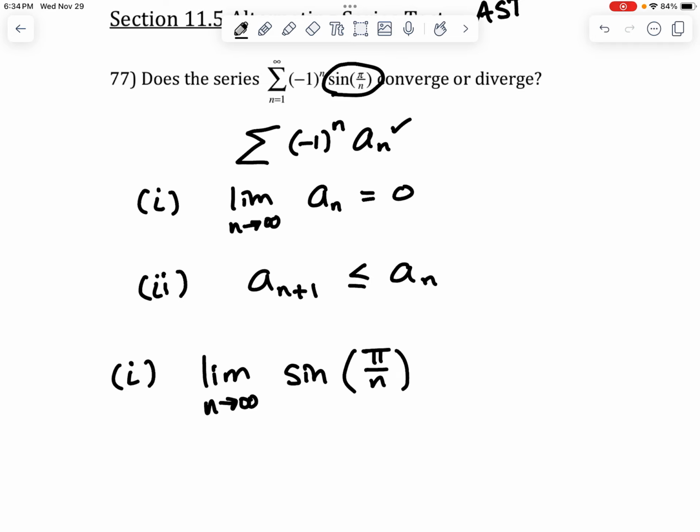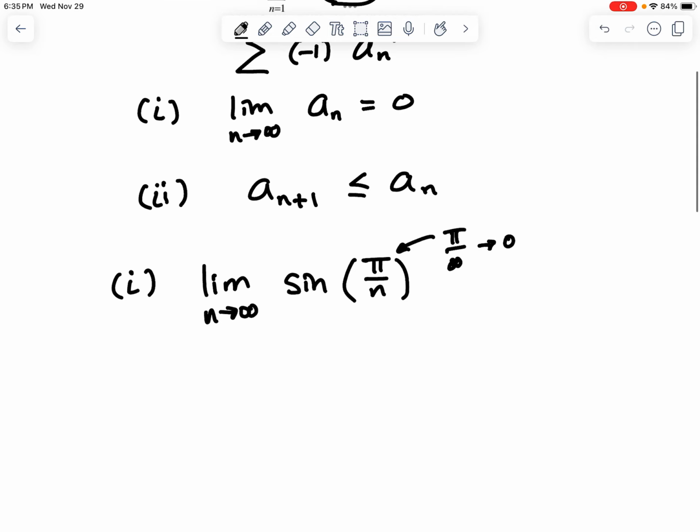If n is going to infinity, that means that in the parentheses we're getting pi divided by infinity, which becomes so small that it goes to 0. Which means that we get sine of 0. And sine of 0 is equal to 0, so it passes the first part of the alternating series test.